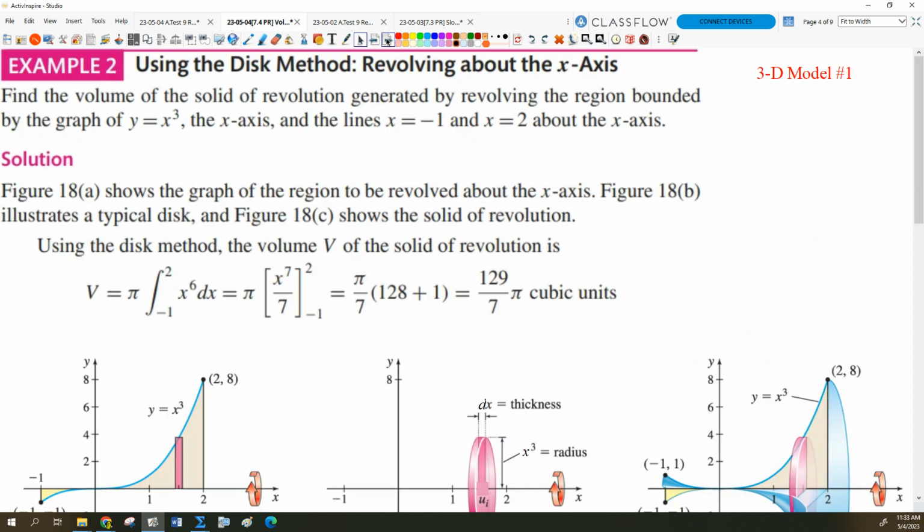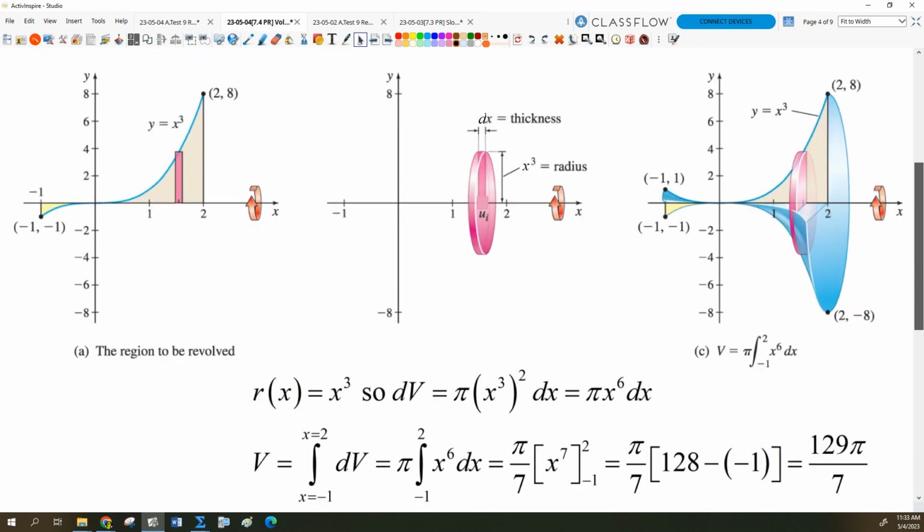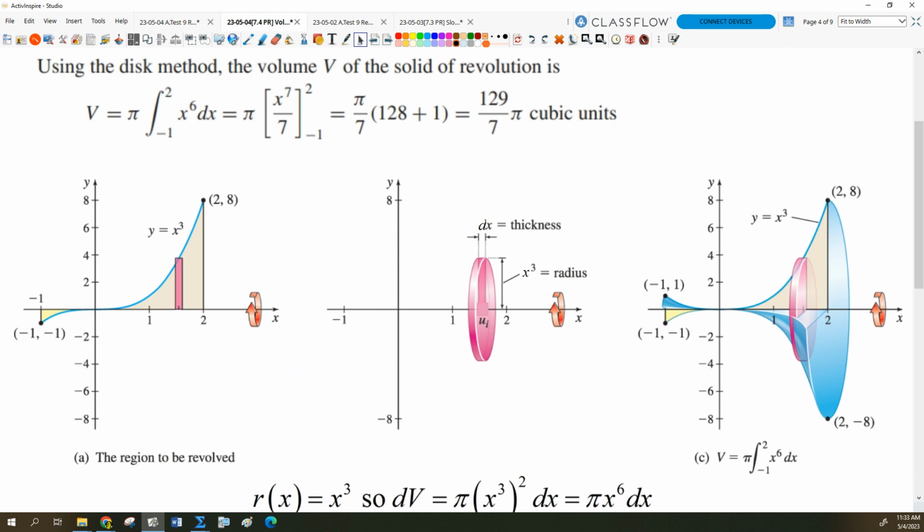Okay. So let's look at another example. What if we want to look at one like this? Okay, same kind of thing, right? So this time I'm defining the function as x cubed, and we're going from x equals -1 to +2. I'm creating disks. This time, what's the radius of my disk going to be?